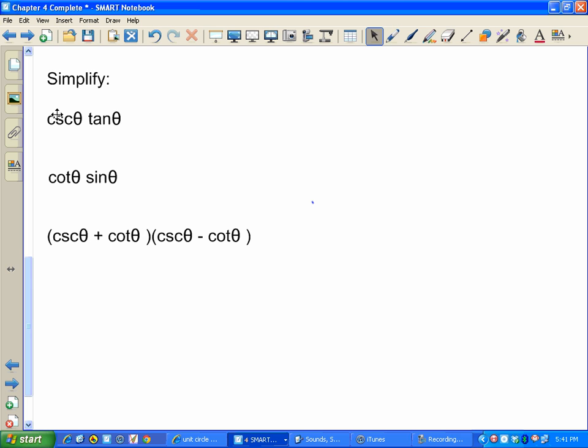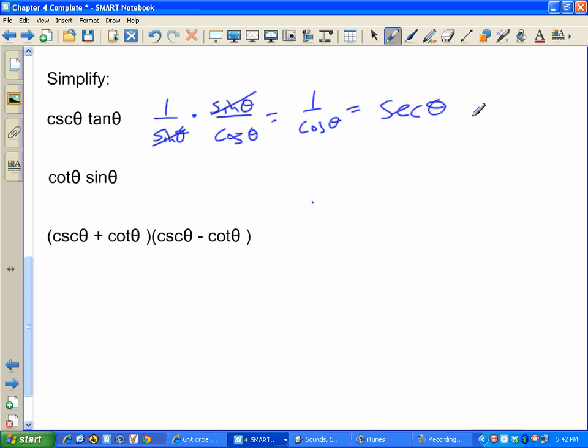So cosecant, I know that is 1 over the sine, and I'm multiplying that by tangent, which is sine over cosine. When I switch things to this, I can see that I can cancel a sine out. And this would be 1 over cosine, which is, of course, secant. Okay, and this is a lot nicer than having two trig functions in there.